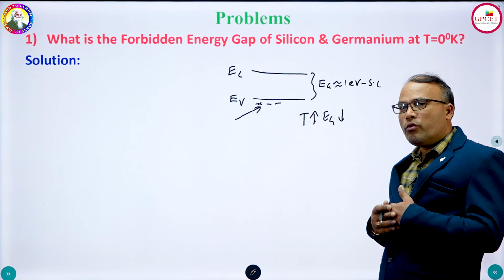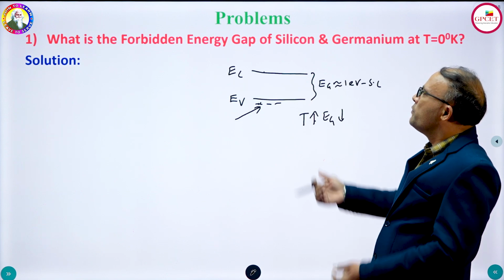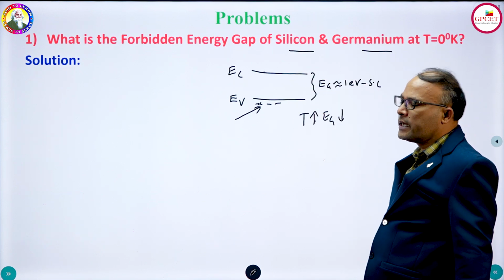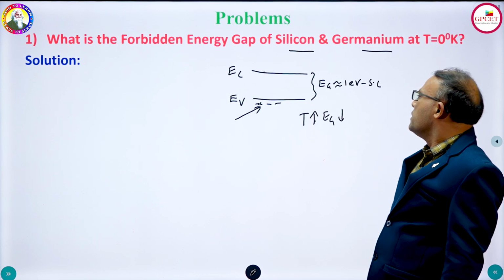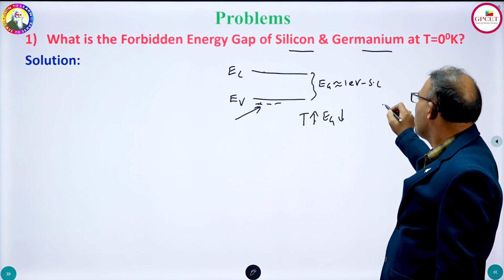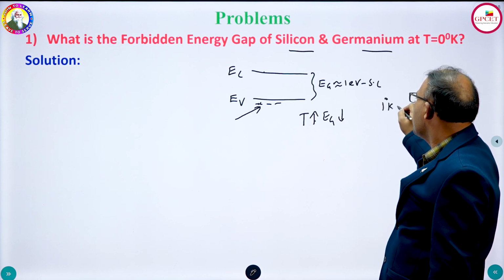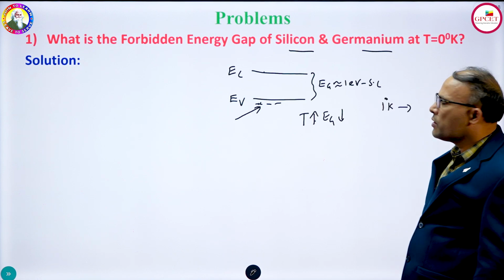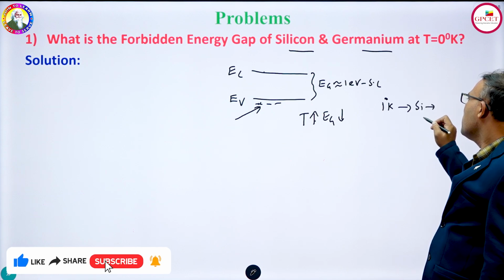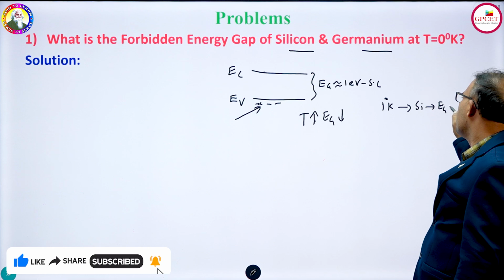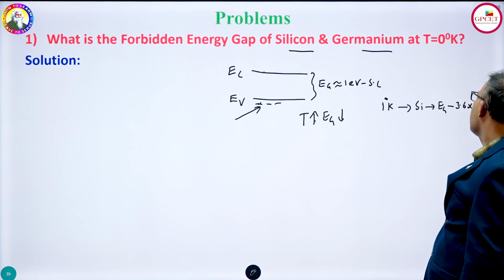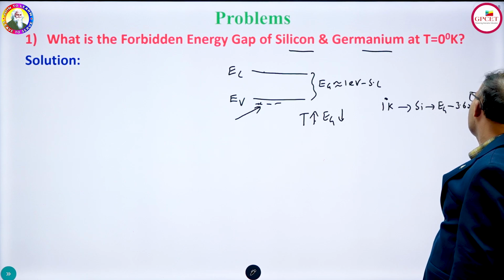But how much is the quantity that is decreased for silicon and germanium, which is very important for GATE examinations, right? Now here I can say that for every 1 degree Kelvin rise of temperature, silicon material's energy gap decays by 3.6 into 10 power minus 4 electron volts per degree Kelvin.